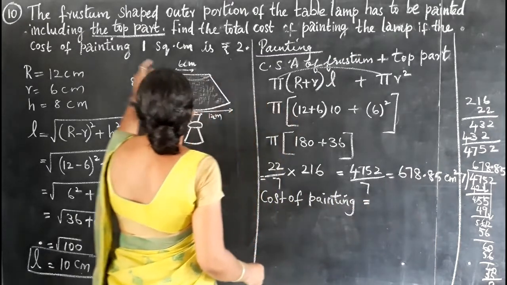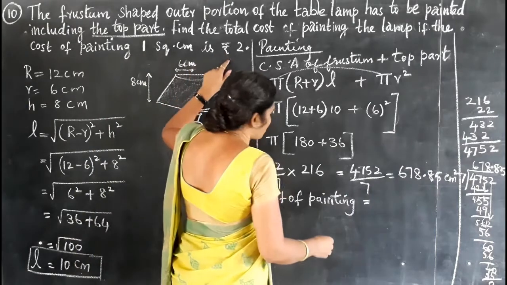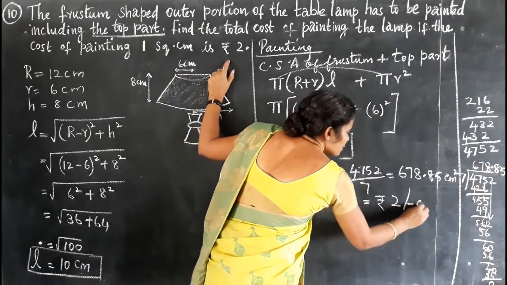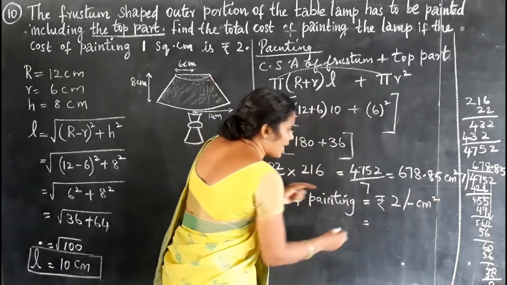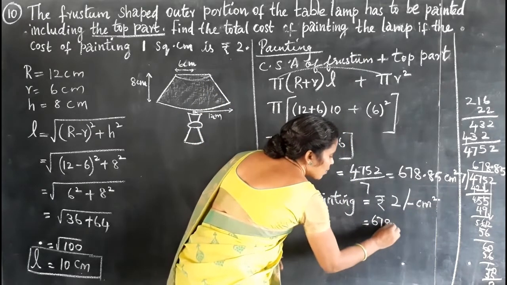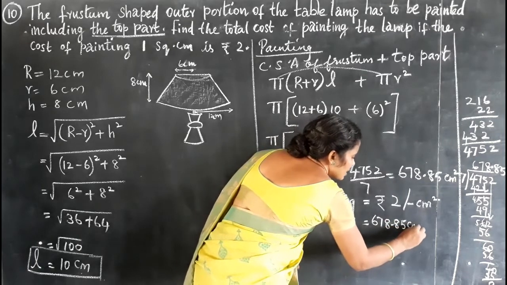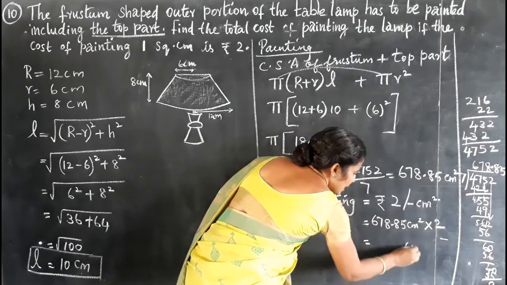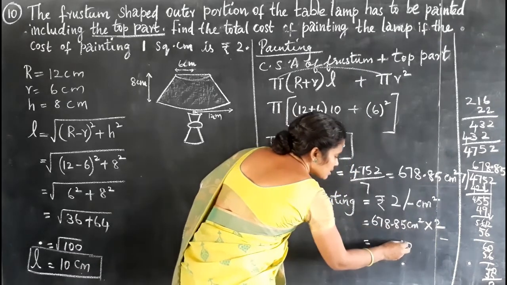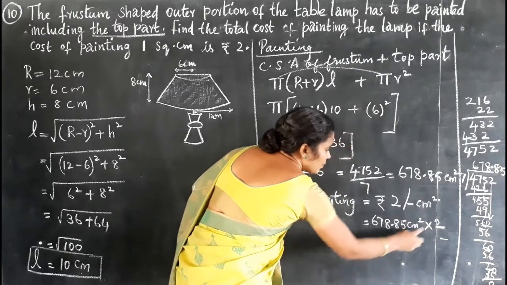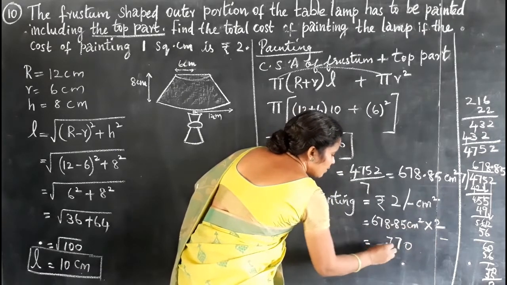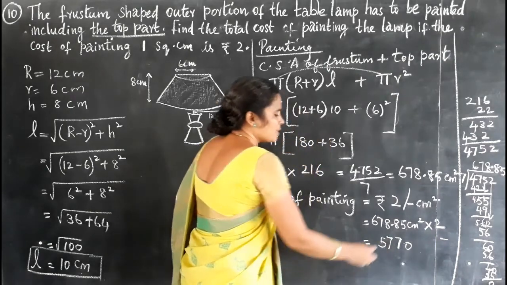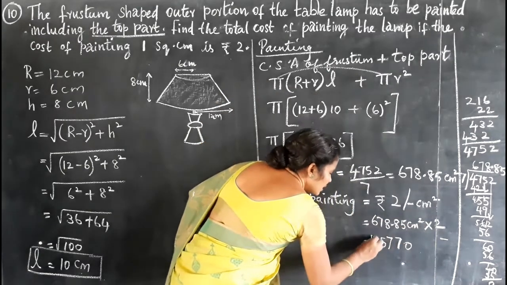So the cost of painting is rupees 2 per centimeter square. Here we have 678.85 centimeter square into 2. 5 twos are 10, remaining 1. 8 twos are 16, 16 plus 1 is 17. 8 twos are 16 plus 1, 17. 7 twos are 14, 14 plus 1, 15. 6 twos are 12, 12 plus 1, 13.